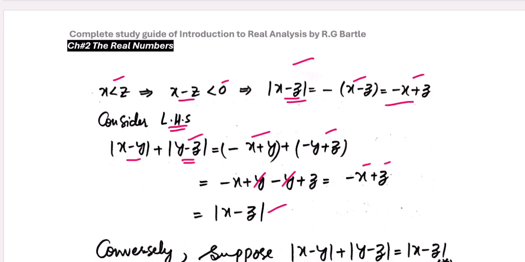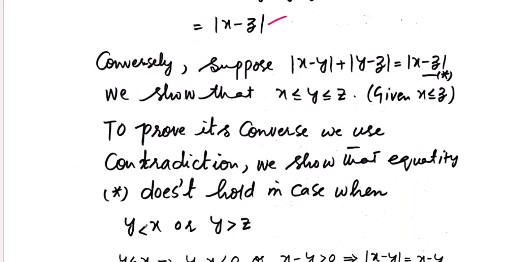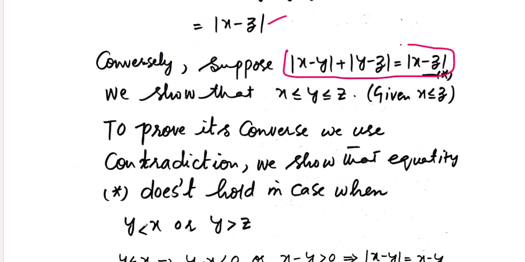Conversely, we suppose that this equation holds, and we will show this relation. To prove this relation, I will use the contrapositive. This is a contrapositive statement, not a contradiction. What do we mean by the contrapositive?